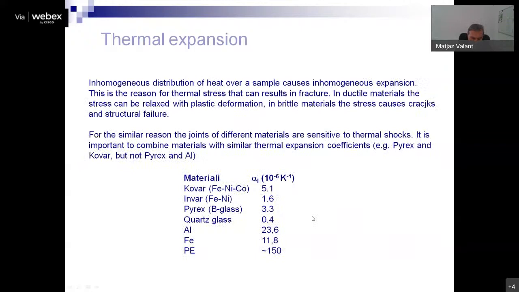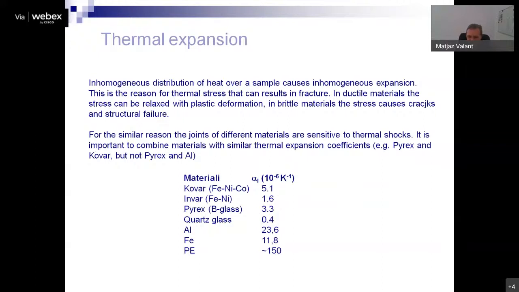But of course, we don't always have the material, one particular body, homogeneously heated up. In many cases, a material is exposed to inhomogeneous temperature, to some temperature gradient.